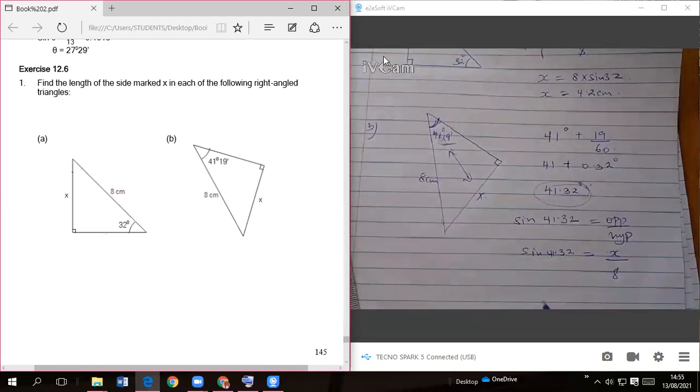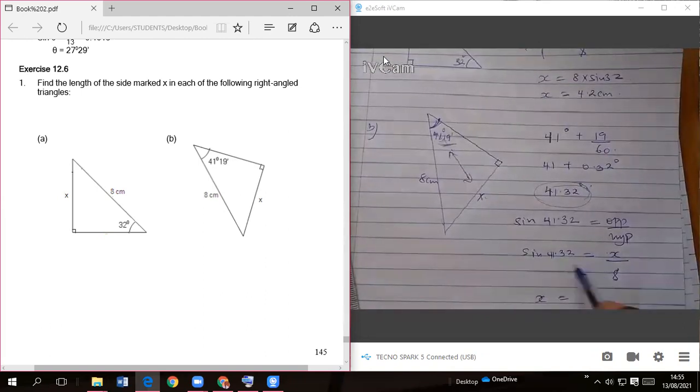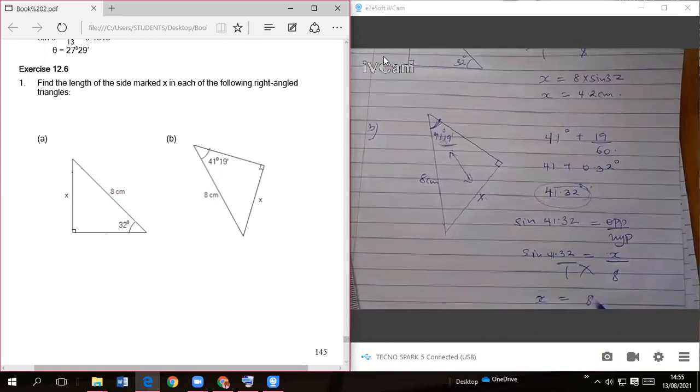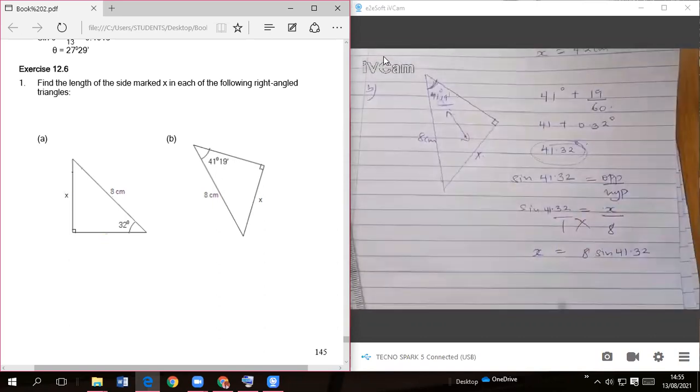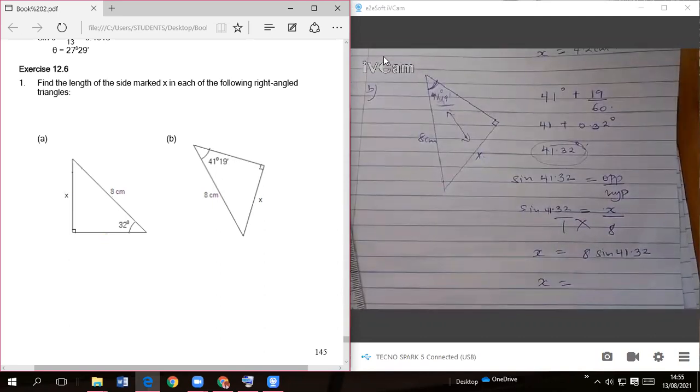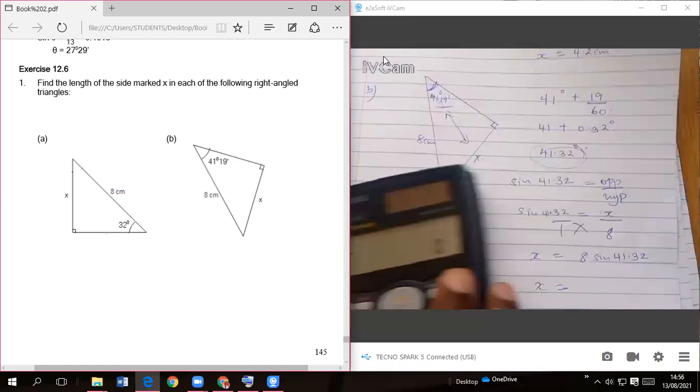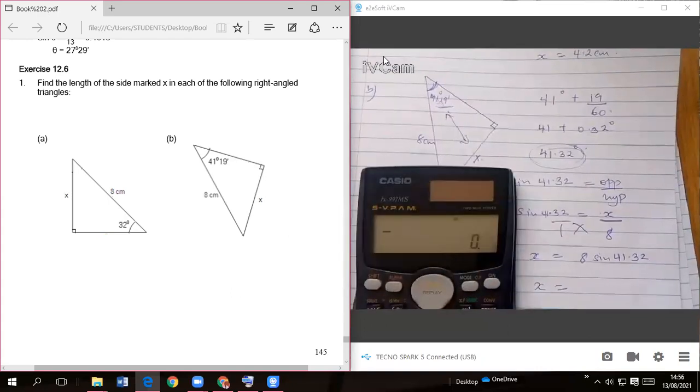Is 8. So we shall have x is equal to, cross multiply, 8 sine 41.32, and we get our x as, Carol, what's the answer? Carol is not there.